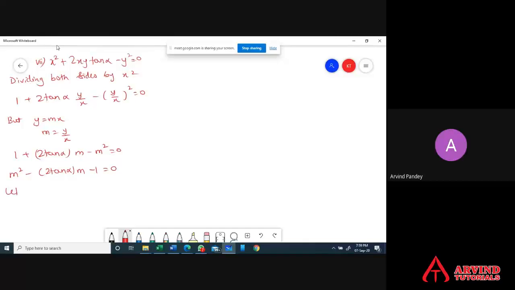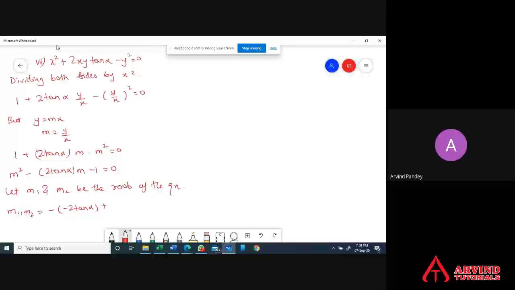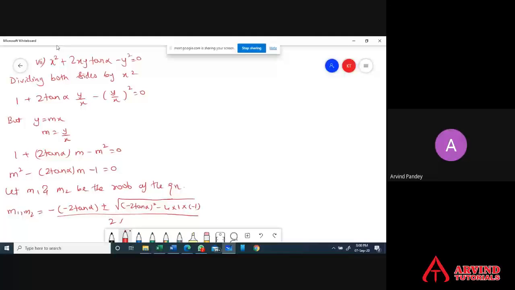Okay. So I'll say, for example, let M1 and M2 be the roots of the equation. So your M1, M2 will be minus B plus minus root of B square minus 4AC upon 2A.